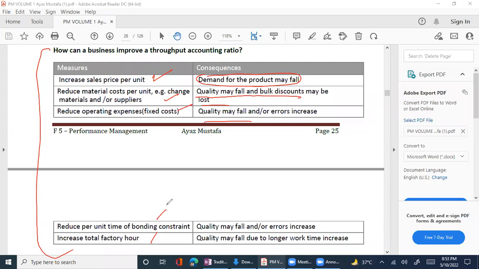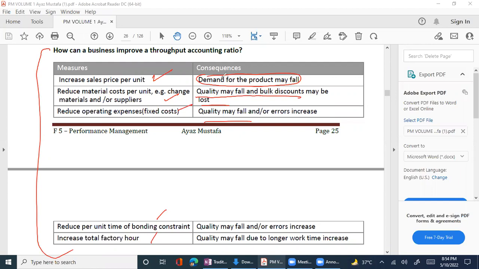So whenever the examiner asks which of the following will improve throughput accounting ratio, or which of the following will not improve throughput accounting ratio, you need to conceptualize how we can improve it. We can improve throughput accounting ratio by increasing the sale price, by reducing the material cost, by reducing the per unit time, by reducing the fixed cost, and by increasing the total capacity of the department. So there are several ways to incorporate the improvements in throughput accounting ratio.